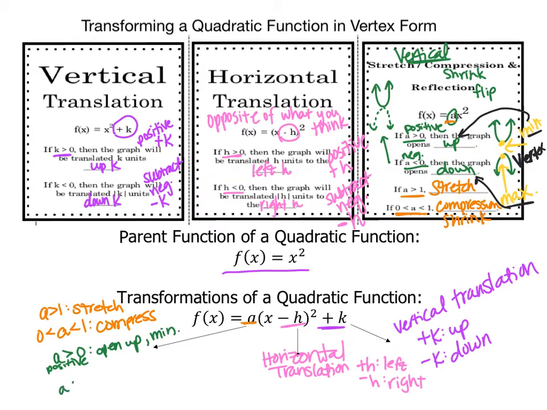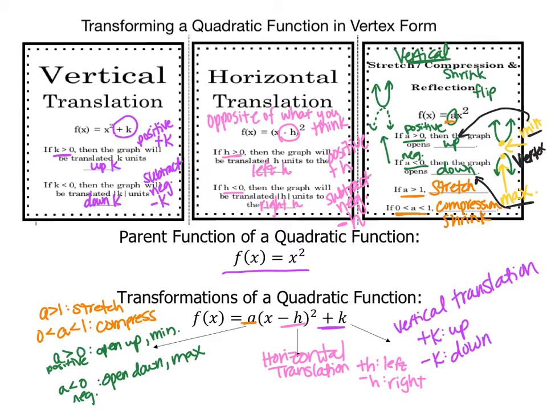If a is negative, then it's going to open down and it's going to have a maximum value. So lots of different things can happen to a function: up, down, right, left, stretch, shrink, reflect. And it all goes back to the placement of the number in my equation.